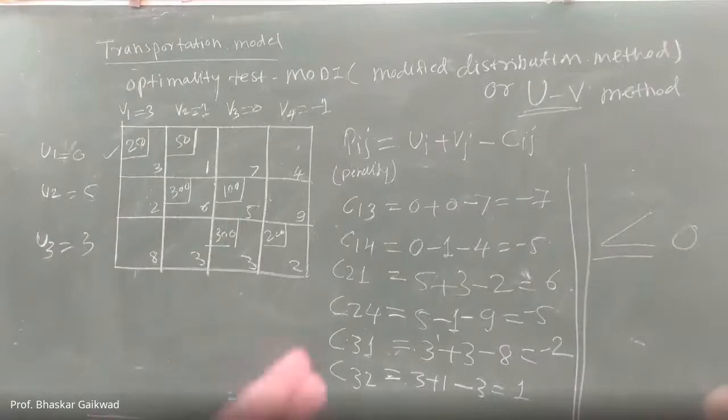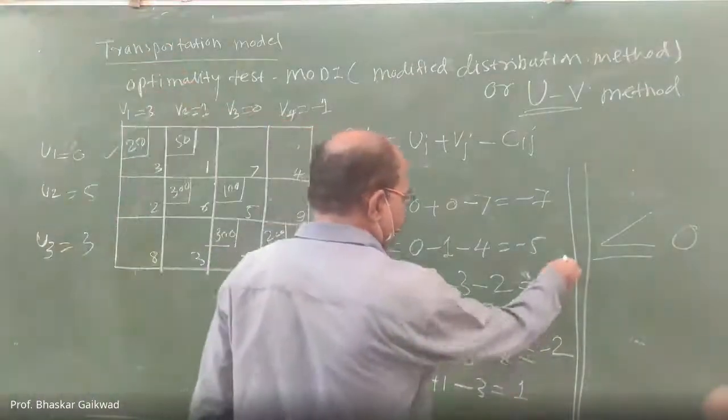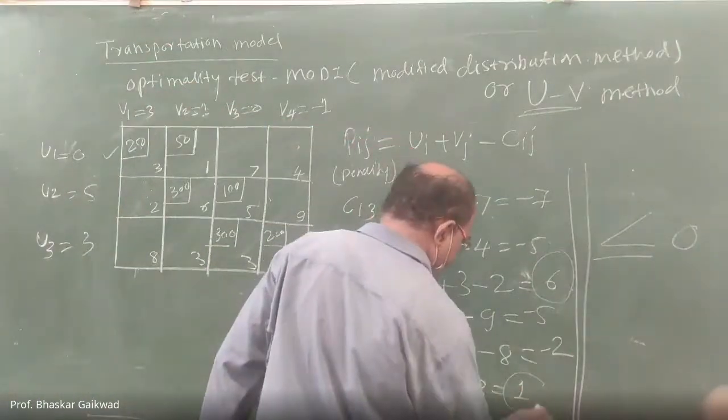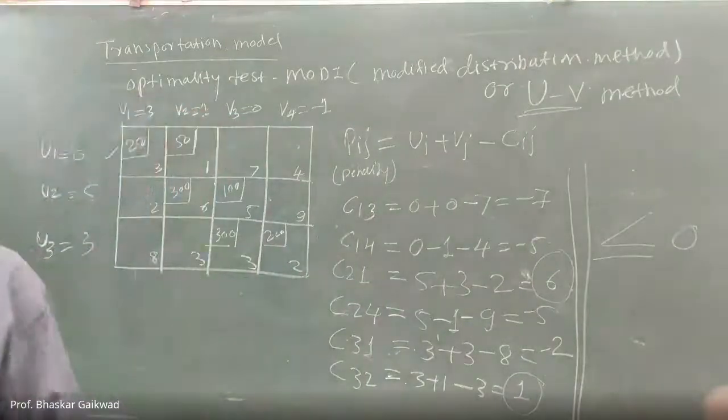Now, among these values, the 6 and 1 are positive values, which means this condition is not satisfied.